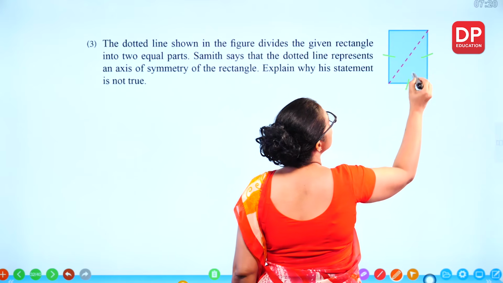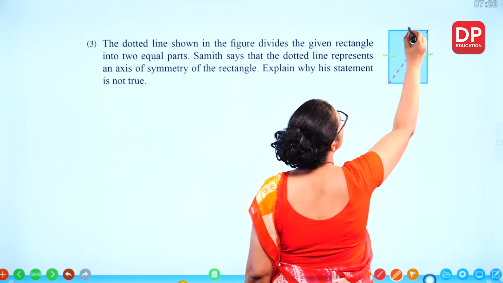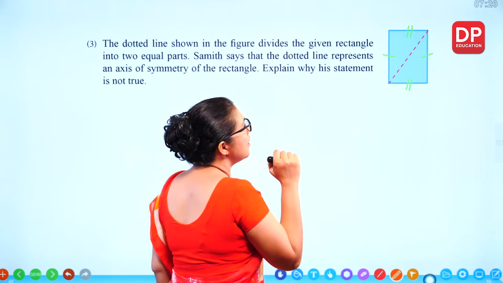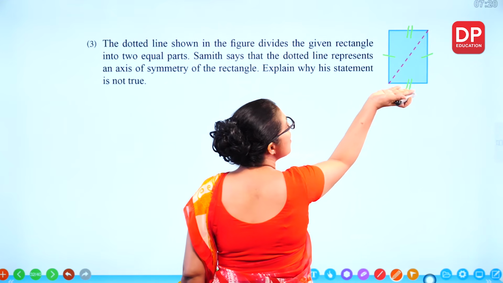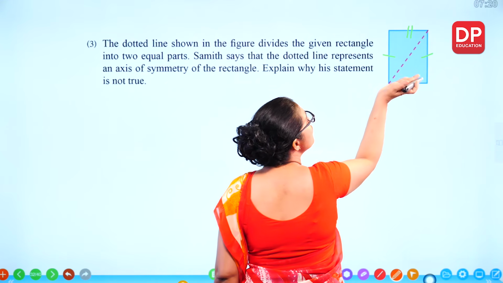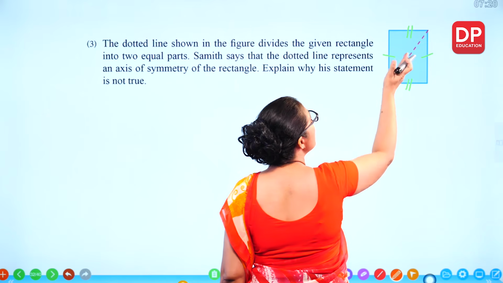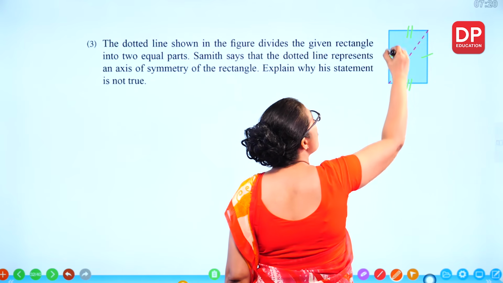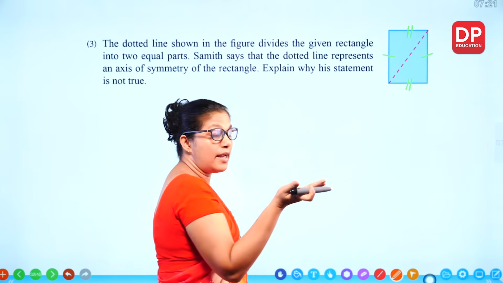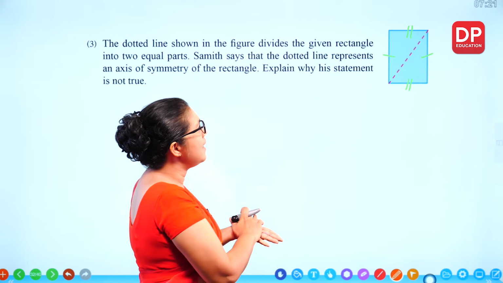This side is equal to this side. So what happens? This is 90. We know that. But when you are trying to fold along this line, this length is not equal to this one. So it doesn't overlap with the other.